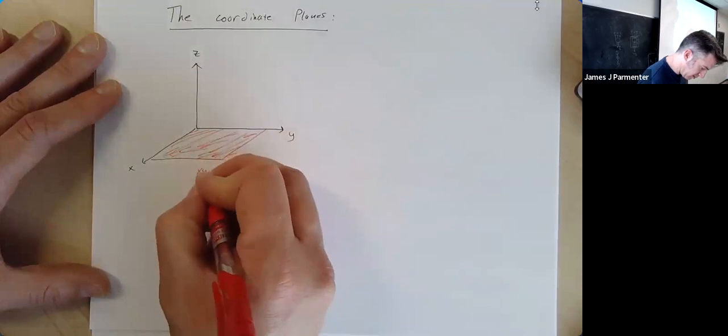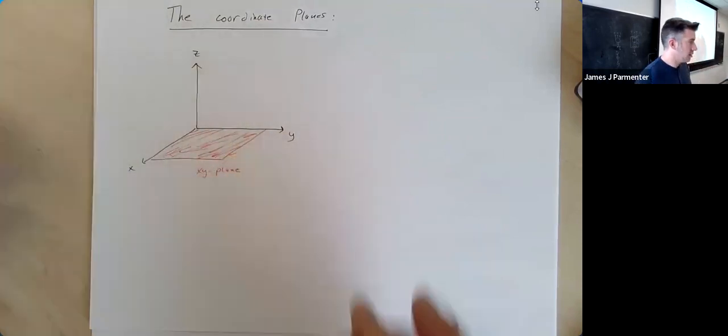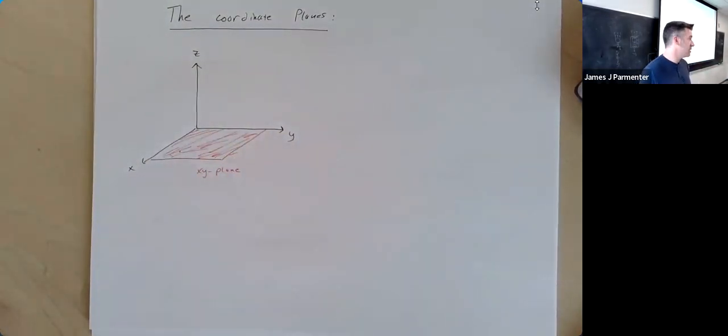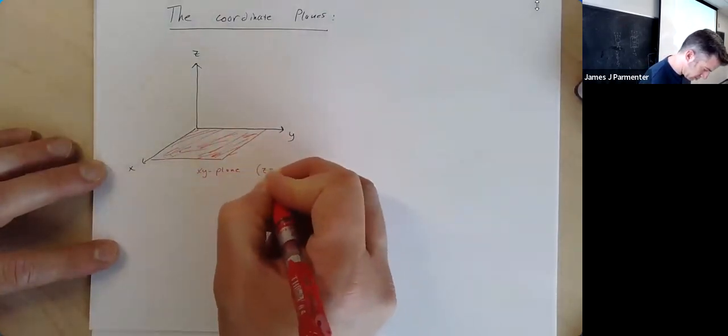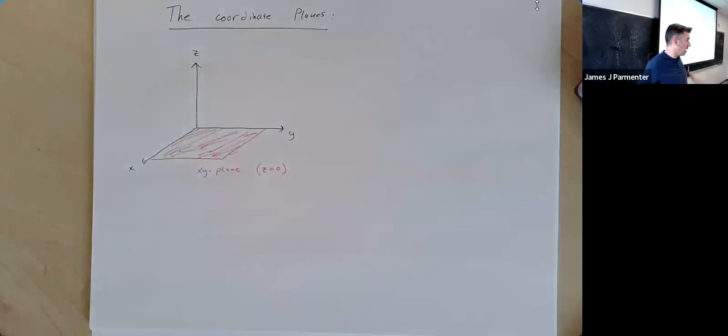And on the XY plane, the only thing that's true is that z is equal to 0. You can't go up or down, but you can go as far left or right or as far forward or back as you want. Any point in the XY plane has an x coordinate, a y coordinate, and a z coordinate of 0.